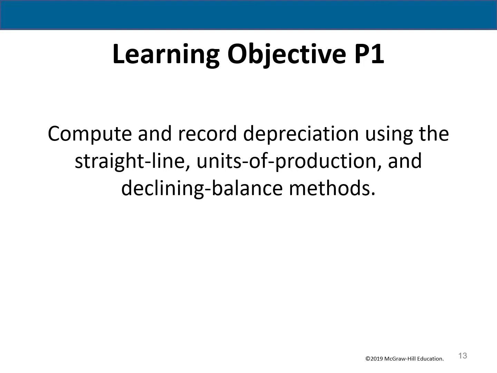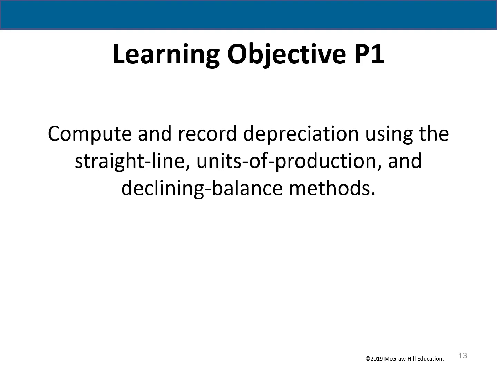So that's the definition, one more time. Depreciation is the expensing of a plant asset, the cost of it, over the time we're going to use it, its useful life, to its salvage value. We also say residual, which means what we think we could sell it for when we're finished using it. Now, how do we calculate depreciation?